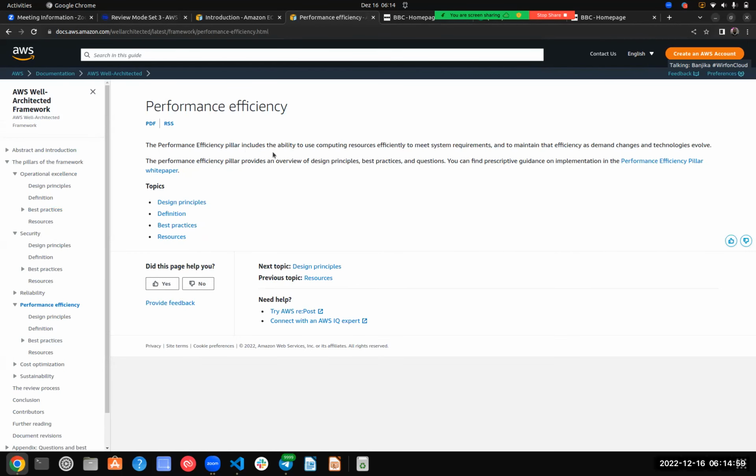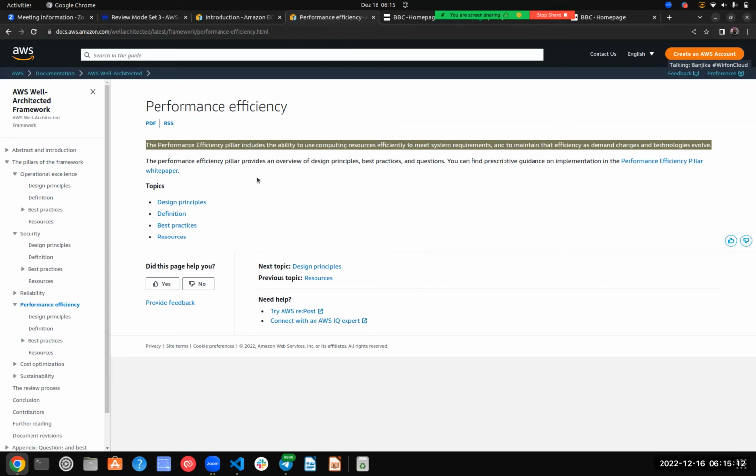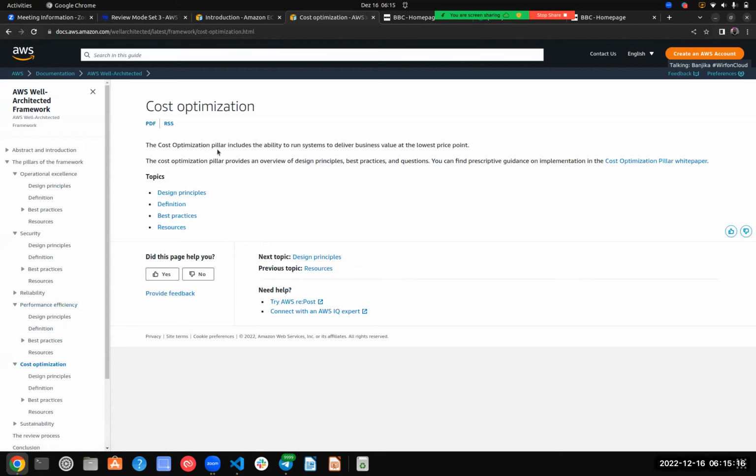Performance efficiency pillar includes the ability to use computing resources efficiently to meet system requirements and to maintain that efficiency as demand changes and technologies evolve. You see, that question is just speaking out this. The same you will see if you come to cost optimization. It's a pillar that includes the ability to run systems to deliver business value at the lowest price point.